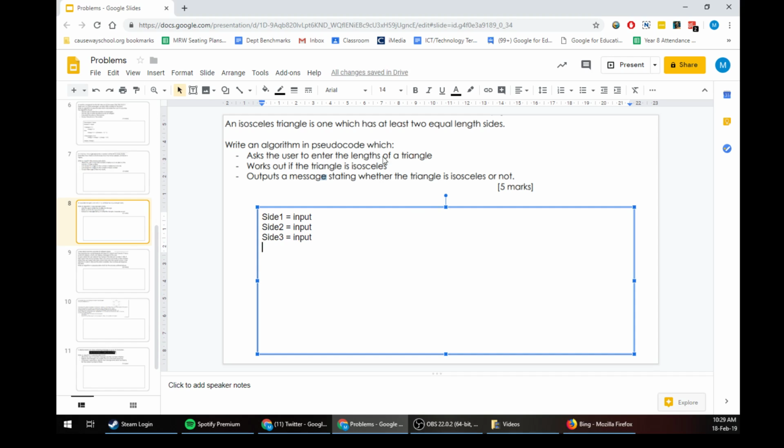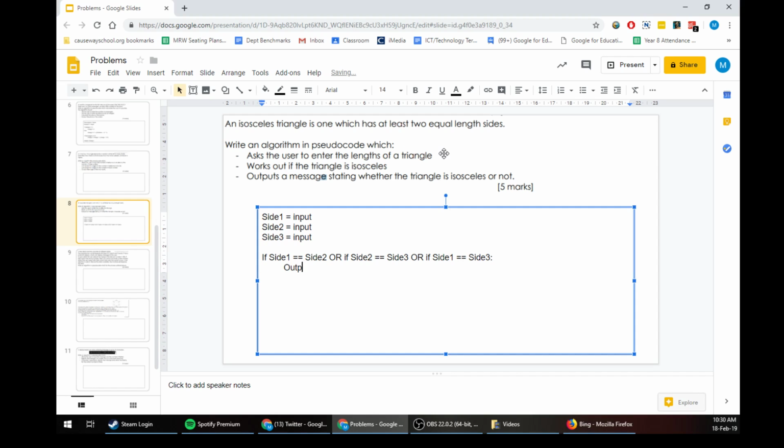So we've got our first part there, asks the user to enter the lengths of the triangle, and now we need to do a series of statements. So if side1 is equal to side2, or if side2 is equal to side3, or if side1 is equal to side3, that means 2 of them are going to be equal.